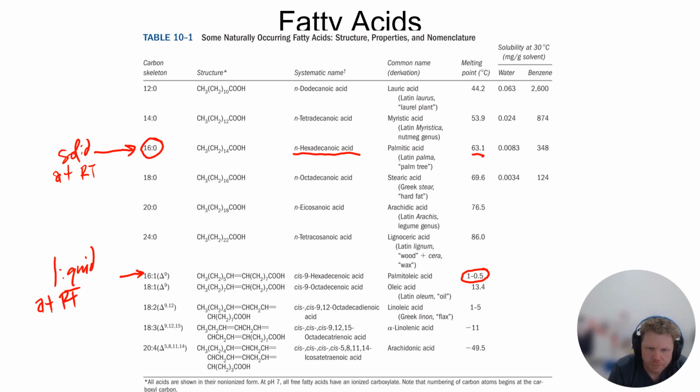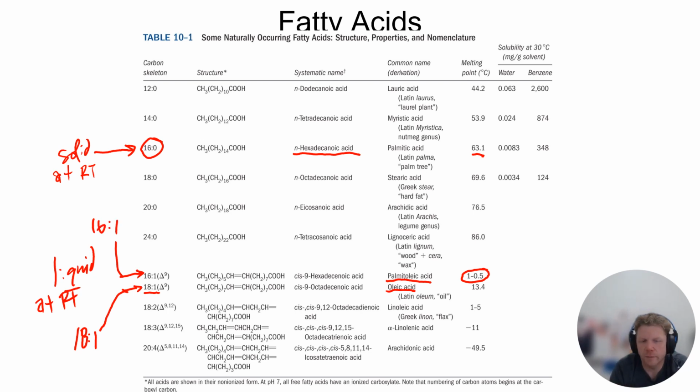Now, next up, when we have 18 carbons, okay, what happens to our melting point? 18 carbons, one double bond. The difference between these two fatty acids, palmitoleic acid and oleic acid, is, I'm sorry, 2 carbons. 18 carbon, colon 1 versus 16 carbon, colon 1.